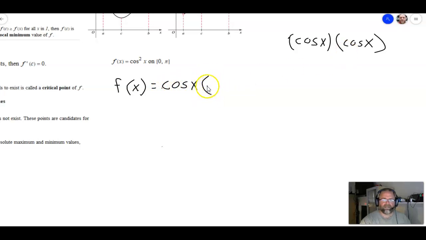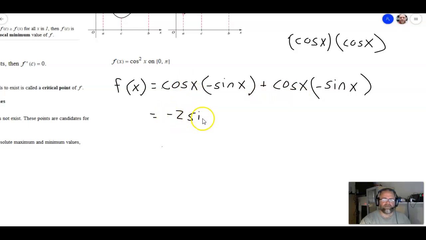The derivative of cosine x is negative sine x, plus the second, cosine of x, times the derivative of the first. So this is going to give us negative sine x cosine x minus sine x cosine x, which is minus 2 sine x cosine x.